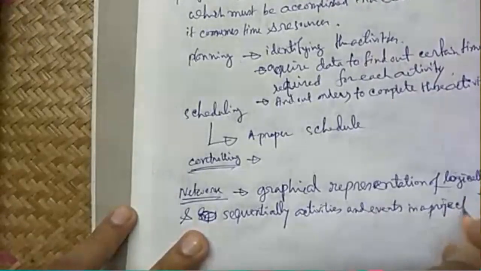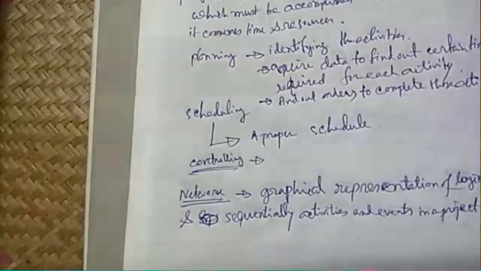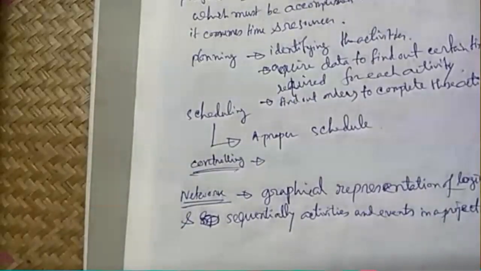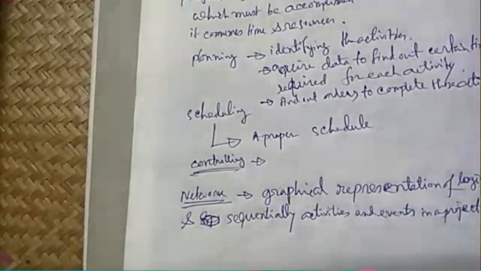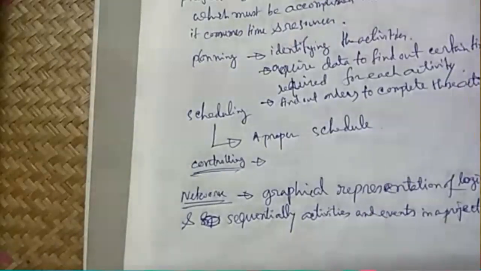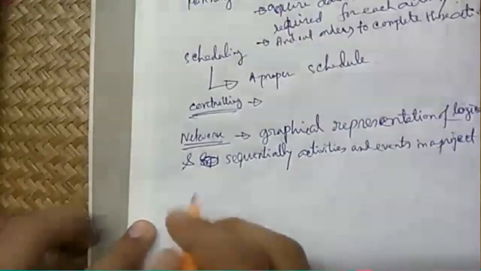So looking at the network, we can find out what are the activities associated with it, what are the events associated with it, and what is their proper sequence and how much time each activity can take. These all are cleared in the network, and this is also called arrow diagram.